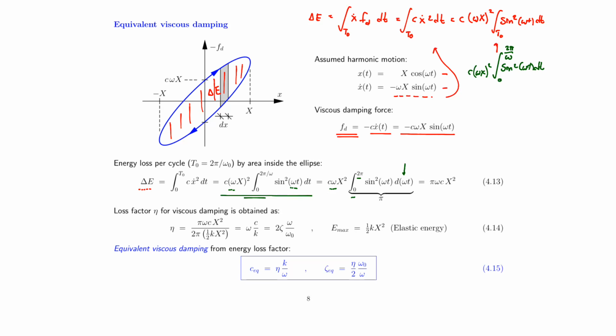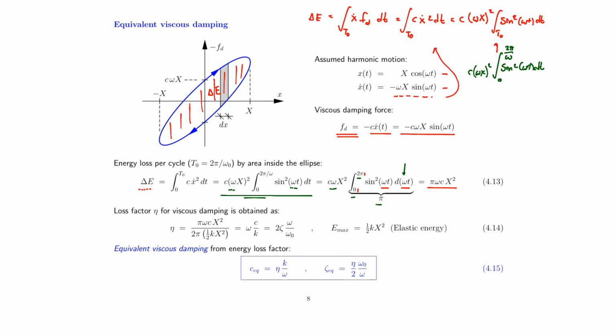And this you can look up in any mathematical textbook or try to solve on your computer, and you'll find out that it's equal to pi. In many cases, when you need to look up mathematical solutions, it's always a good idea to make your integral non-dimensional with the same integration variable as the variable inside your oscillatory function. And that also gives you non-dimensional integral limits. So therefore, the dissipation of energy is equal to pi omega times the viscous parameter c times the amplitude of your assumed harmonic motion capital X squared.